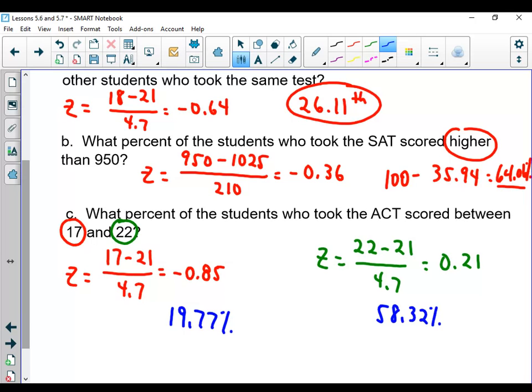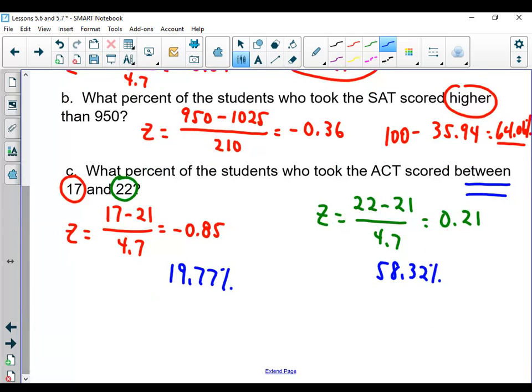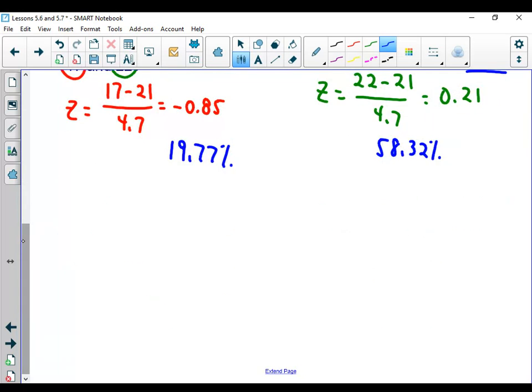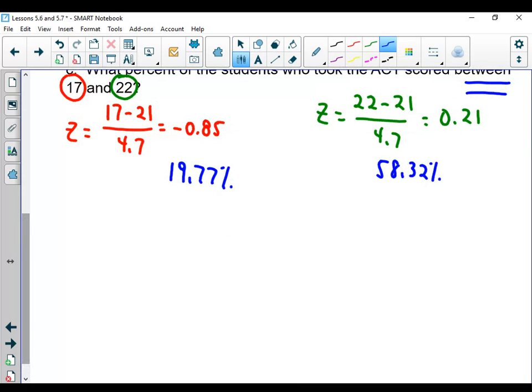Now the question wanted to know what percent scored between those two values. Well, now that I have the two percentages, I'm just going to subtract them. So in between those two would be whatever I get when I take 58.32 minus the 19.77.